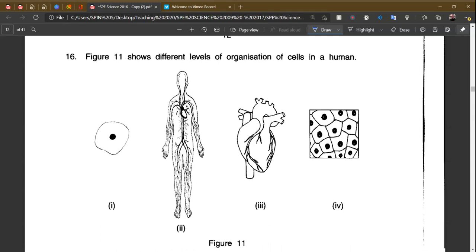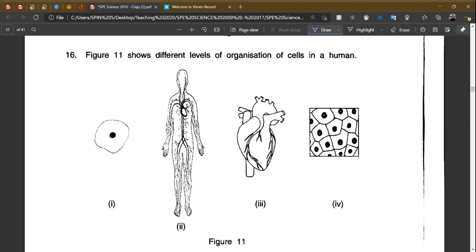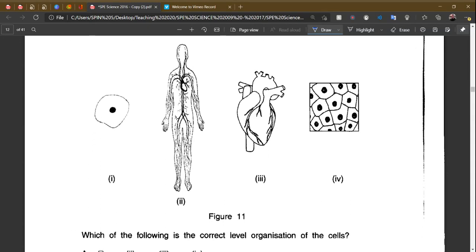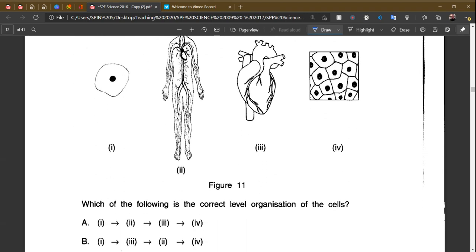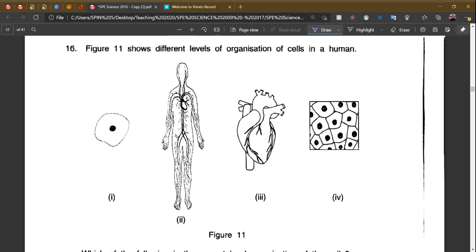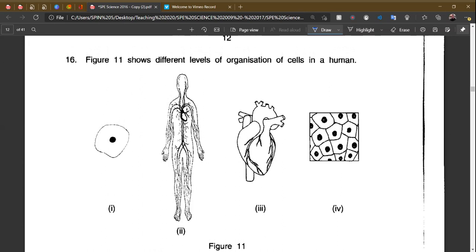Figure 1 shows different levels of organization of cells in a human. Which of the following orders is the correct level of organization of cells? So it means that it changes from simple to complex.